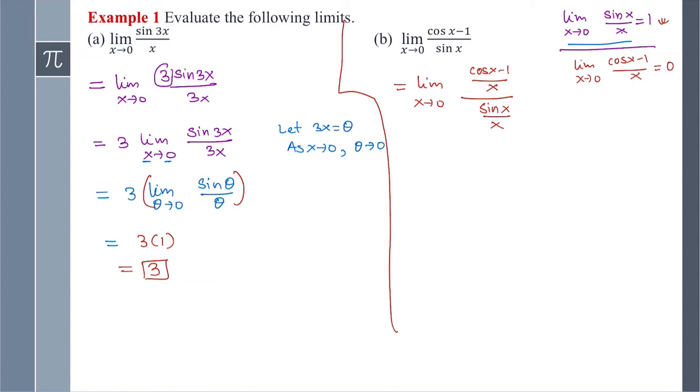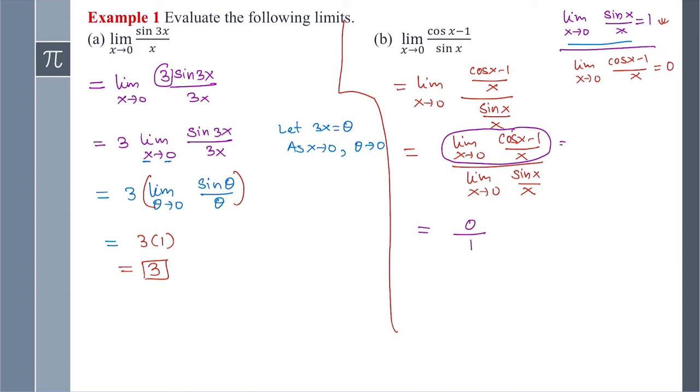By limit law, we can say limit as x approaches 0 of cosine x minus 1 over x, divided by limit as x approaches 0 of sine x over x. Now we know that the limit in the numerator equals 0, divided by the limit in the denominator, which equals 1, and 0 divided by 1 is 0. So this is the limit.